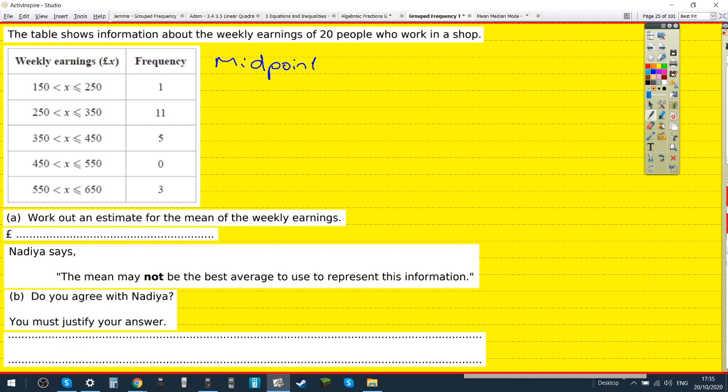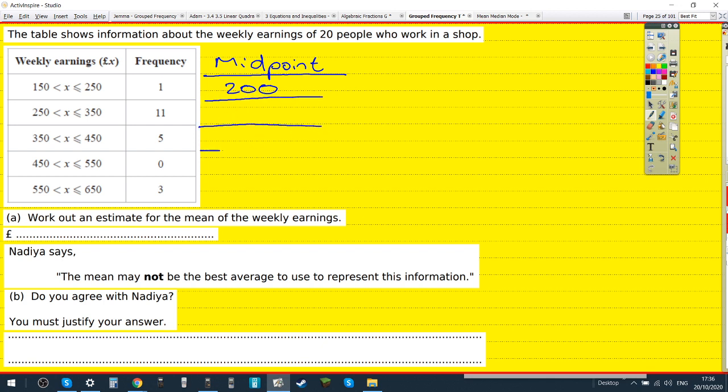Okay, so to get the midpoint, I have to do 150 add 250 and divide by 2, so 200.